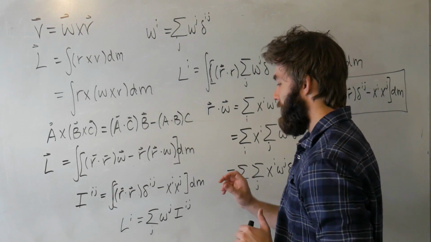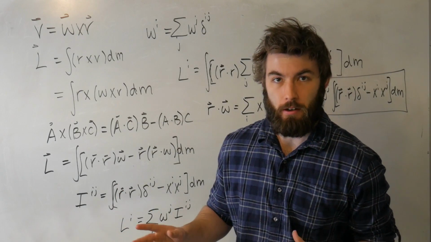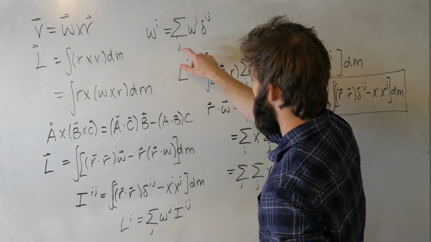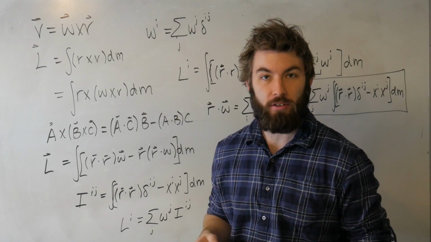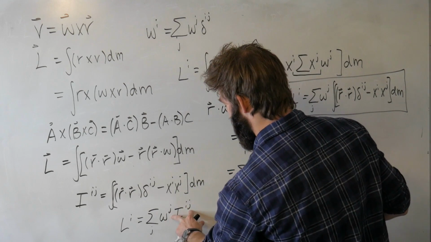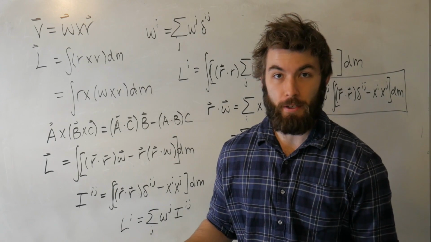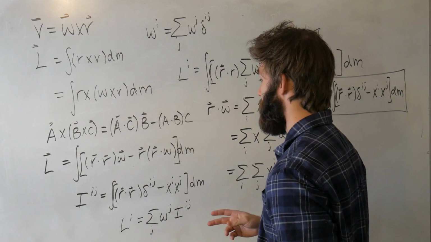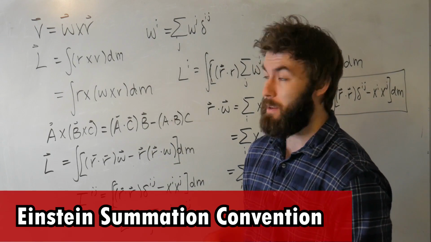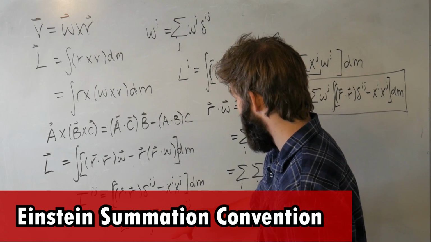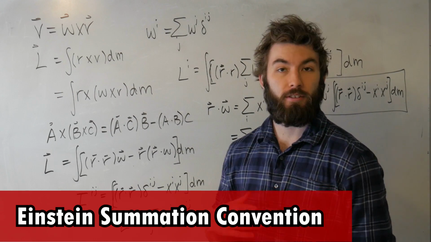Okay, and throughout the rest of this series, we're going to be having a lot of these implicit summations. You'll notice that whenever we have two indices that are repeated, we always end up summing over them. So we're going to adopt what's known as the Einstein summation convention, which says that whenever you see two repeated indices, you're summing over them.